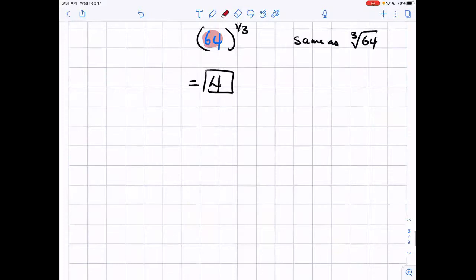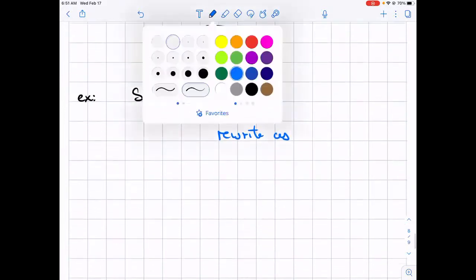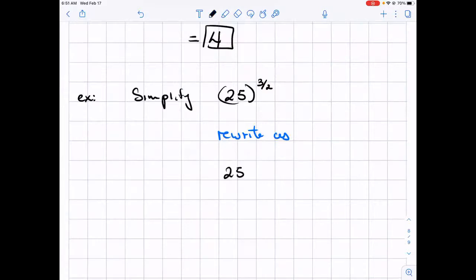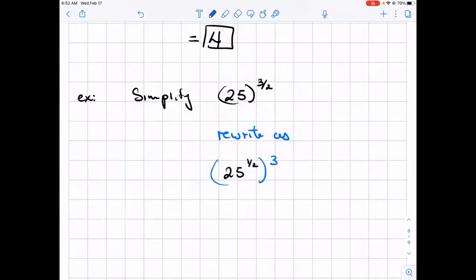So let's try a different example. Simplify. What if we have 25 raised to the 3/2 power? Well, I will rewrite this as 25 to the denominator power first, 1/2, and then I will cube it.